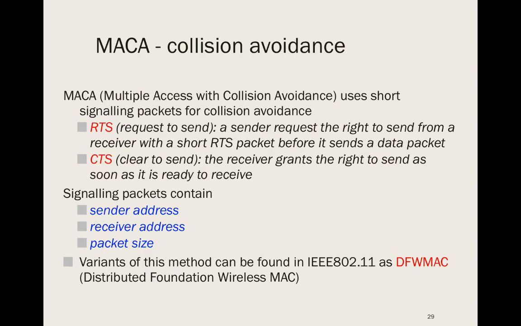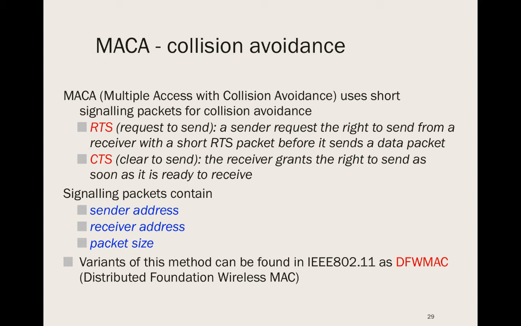MACA, or multiple access with collision avoidance, is a collision avoidance method that uses the signaling messages RTS, request to send, and CTS, clear to send, to make sure that no collision is going to happen. Basically, the sender sends the RTS to the receiver, telling the receiver, I'm going to send you a data packet, please keep quiet, don't send anything yet.